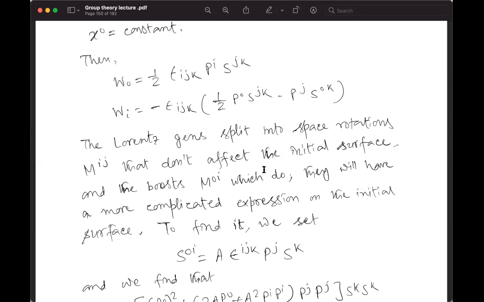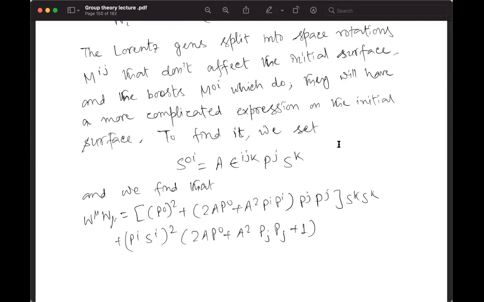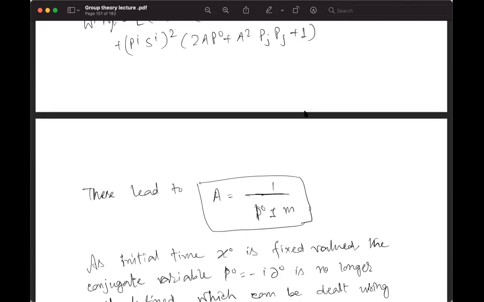So they will have a more complicated expression on the initial surface. To find it, we say that S_{0i} equals A ε^{ijk} J_{jk}. So we have to find out the A. Then we calculate this W², and we can write it in this particular structure. Once we manipulate that, we find this particular form, that A equals 1/(P⁰ + m).